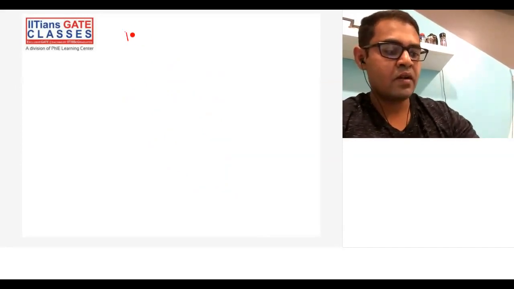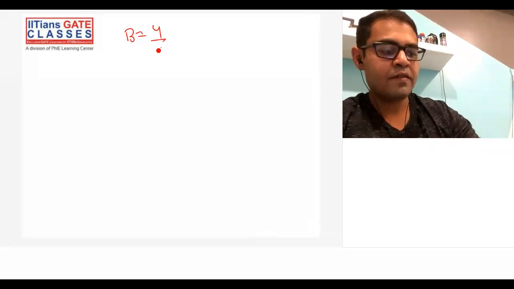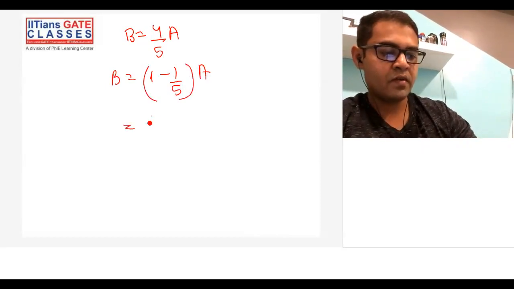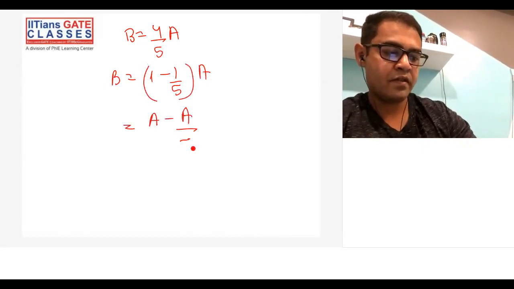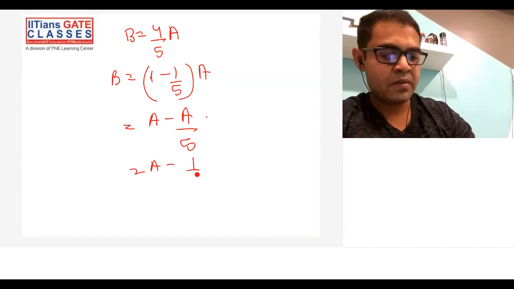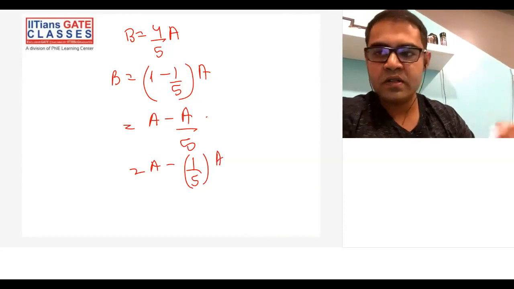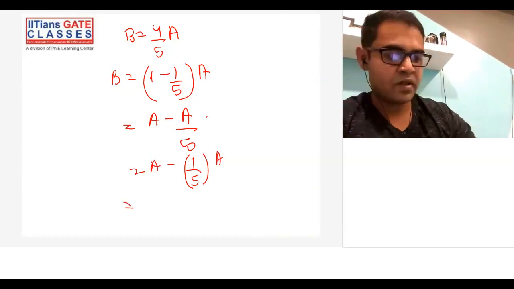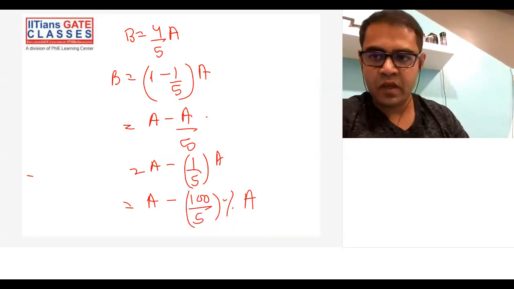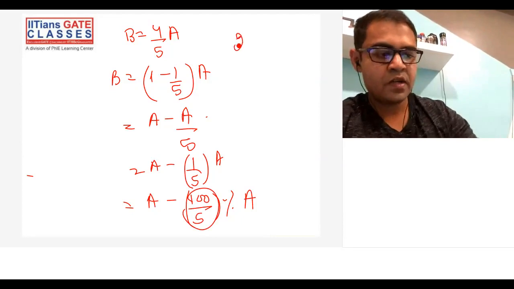So I'll rewrite. B is equal to 4 by 5 A. Then B is nothing but 1 minus 1 by 5 times of A, which is equal to A minus A by 5. Now this 1 by 5, I want to convert into percentage. So this will be A minus 100 by 5% of A. This 100 by 5 is nothing but 20%.